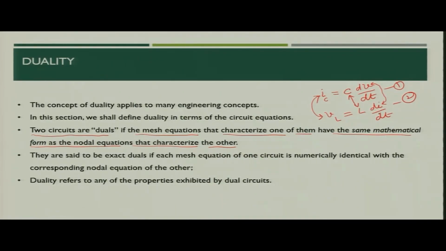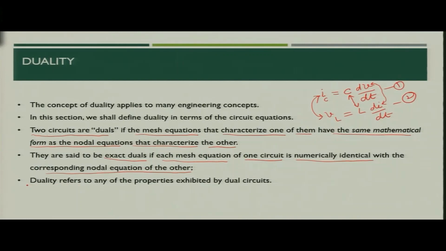In this way, you can say that the various elements and the various electrical variables of the circuit are dual. Now, these are exact duals if each mesh equation of one circuit is numerically identical with the corresponding nodal equation of the other. In that case, we can say that both circuits are exactly dual.